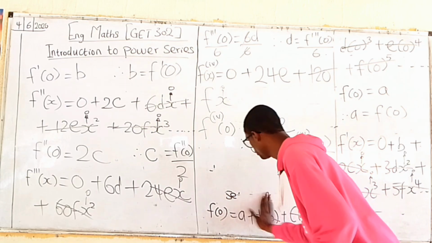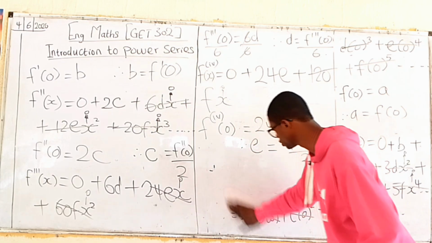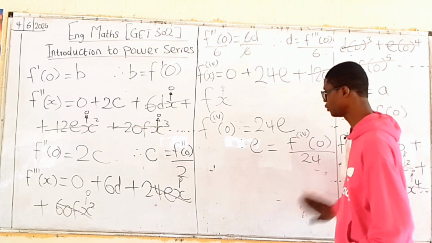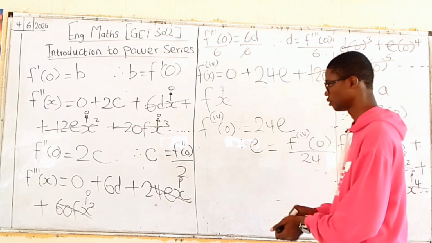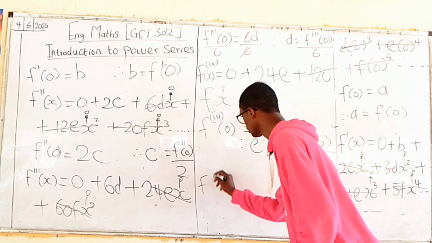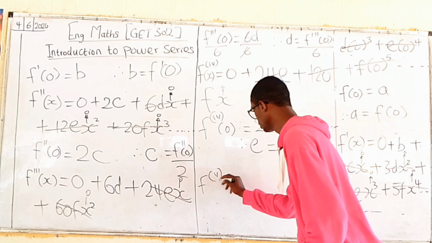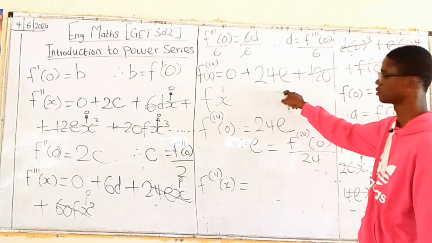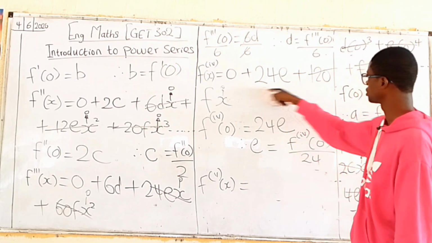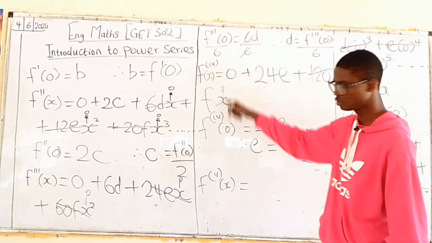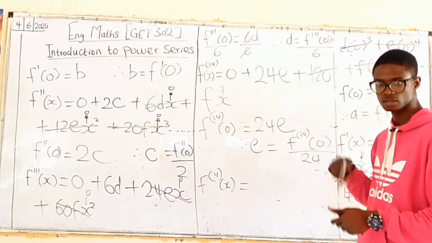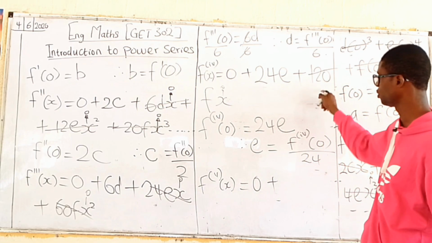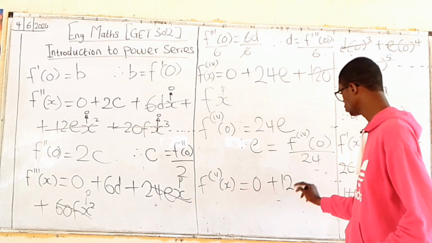For F, what will we have? We'll differentiate again. So when we differentiate again, you have F V of x. What will it give you if you differentiate this again? We're going to the fifth one. What will we get? You get 0 plus differentiating this one here, that's 120F.